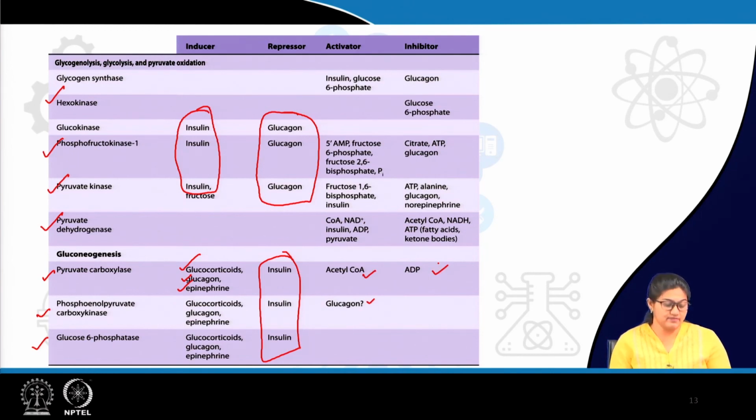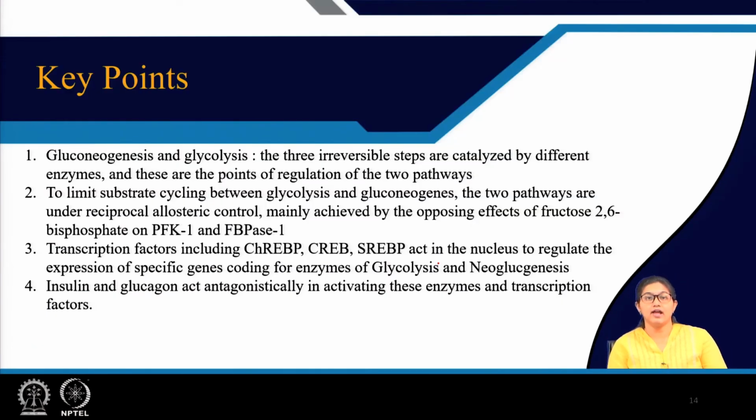So, at the end of this session, these are the key points we need to remember: in glycolysis and gluconeogenesis there are 3 irreversible steps catalyzed by different enzymes, and those are the 3 points where these 2 pathways are regulated.